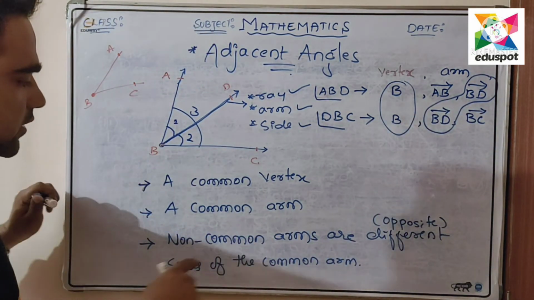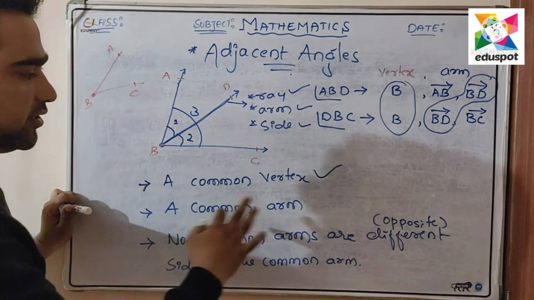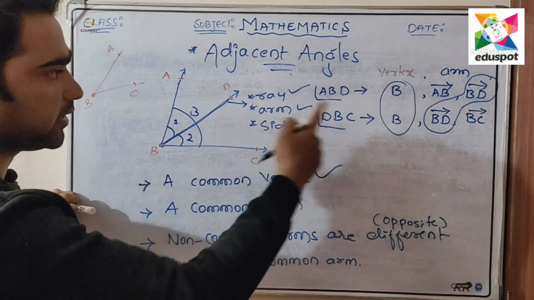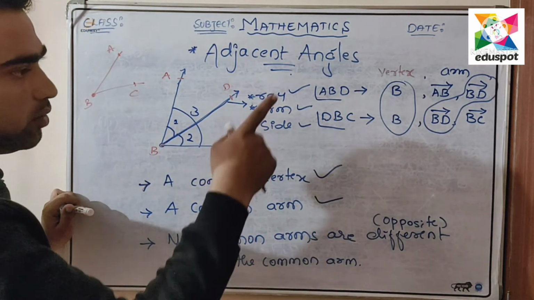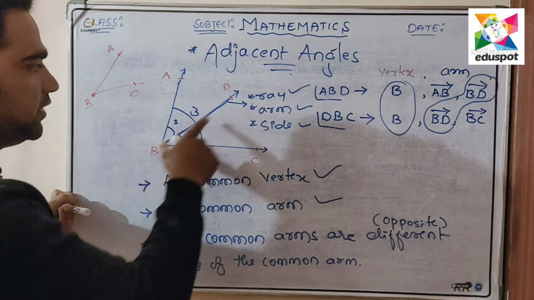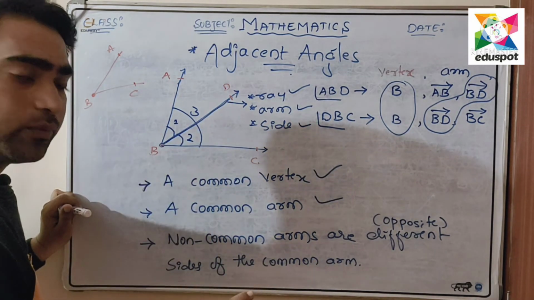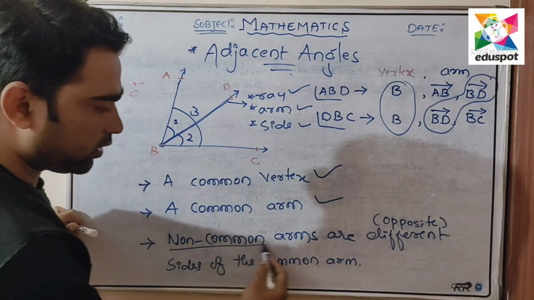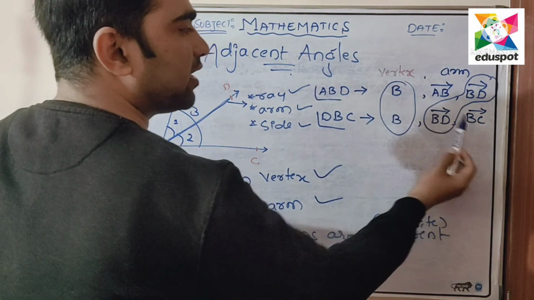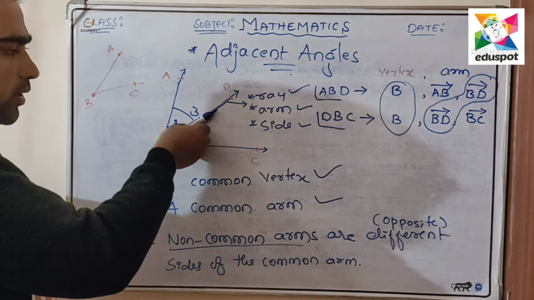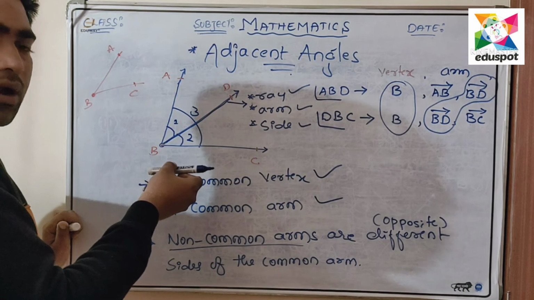So according to this, one condition is satisfied: common vertex we got, and next the common arm also, BD. Similarly, the third one is also very important: the non-common arms. Which are the non-common arms? AB and BC are the non-common arms.